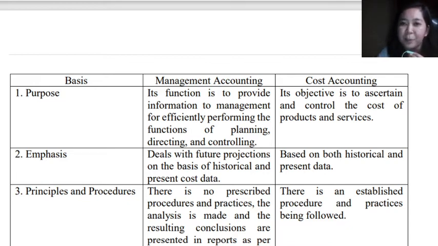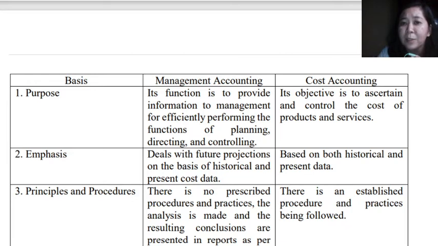So for the purpose, management accounting's function is to provide information to the management, for efficiently performing the functions of planning, directing, and controlling. So this is considered to be a broader scope.